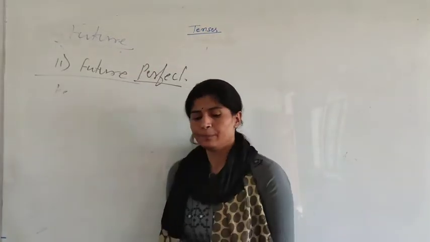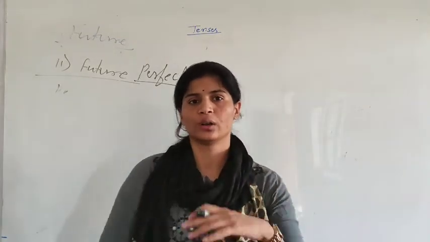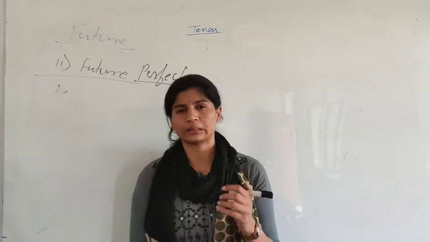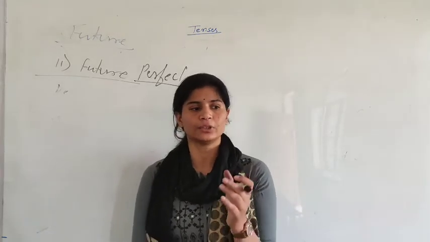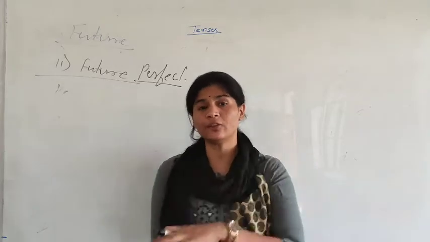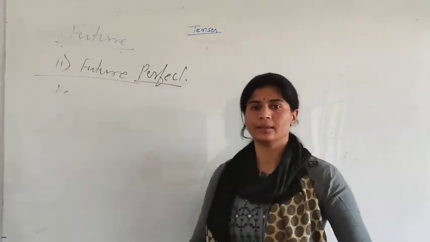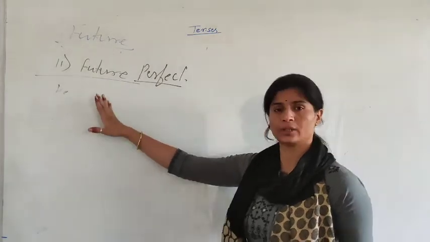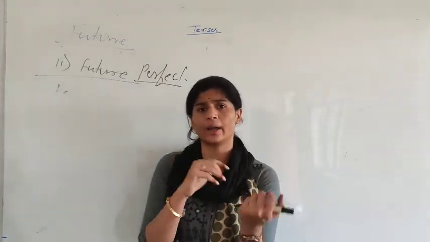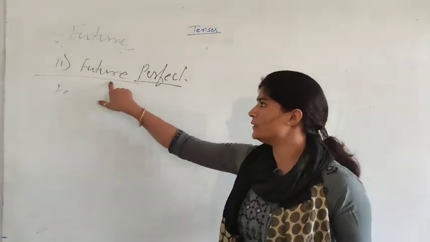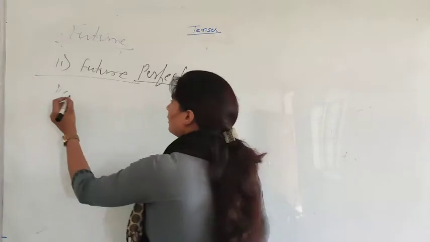Now see this one, future perfect is used to express the continuity and completion of an action which is going to happen within a time period in the future. If within a time, an action starts in the future and will complete in the future only within a time period, that is your future perfect. Now see the structure.